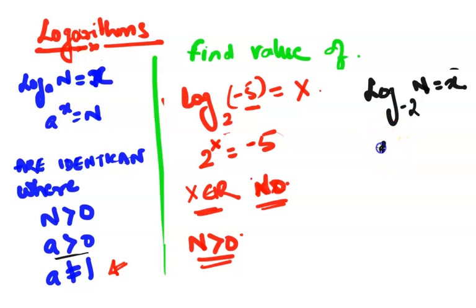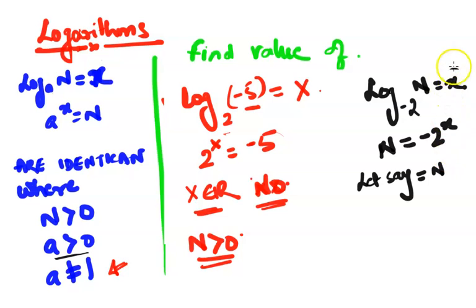So what does this mean? n is a number which is minus 2 raised to power x. So n is any number greater than 0. So let's say n equals 1, and let's say n equals 2.